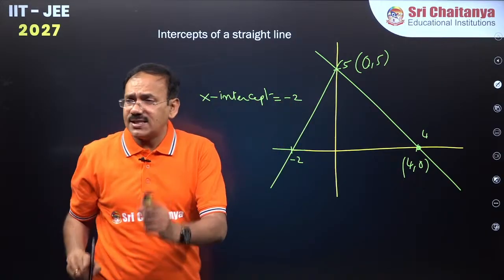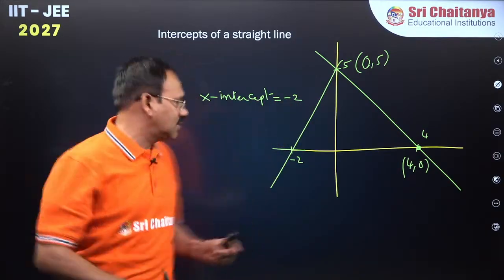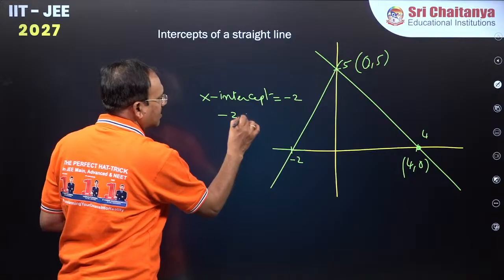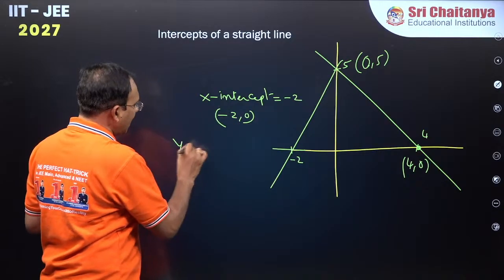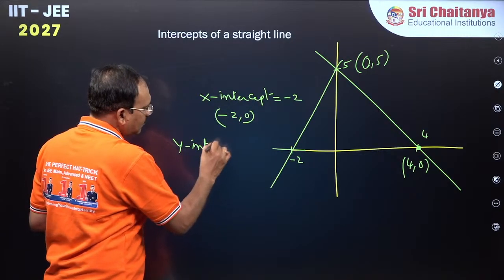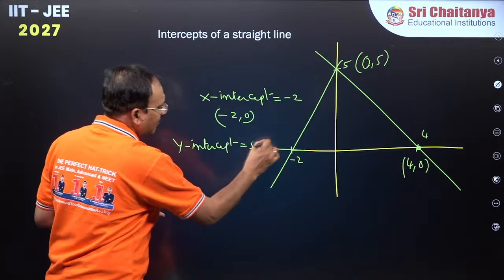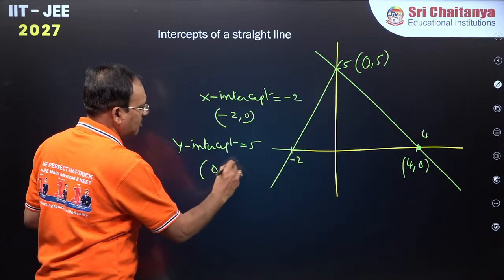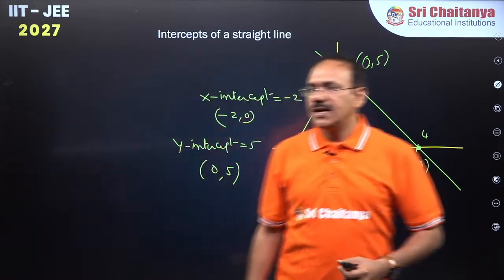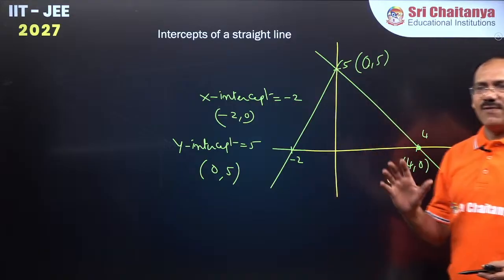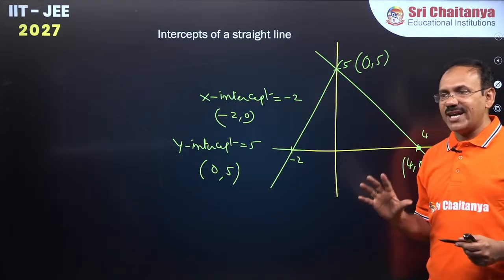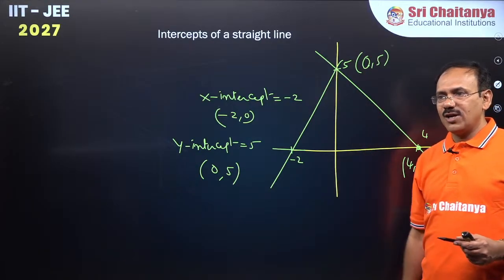Dear students, x-intercept -2 means it passes through the point (-2, 0). Y-intercept is 5 means it passes through the point (0, 5). Clear, everyone?